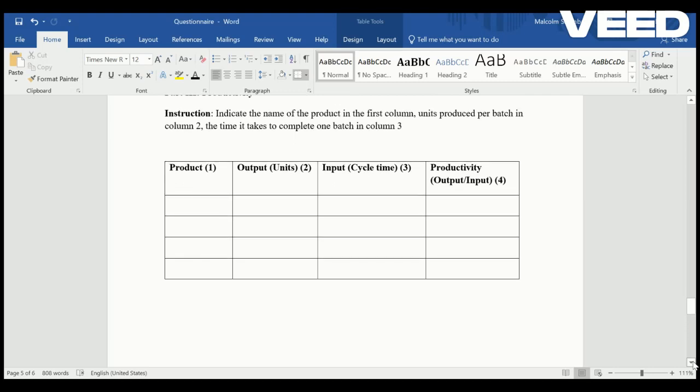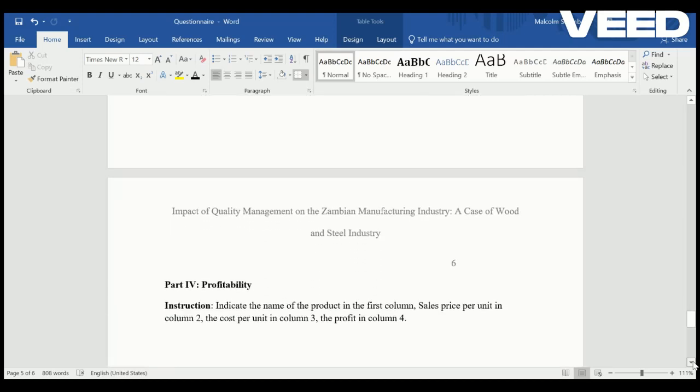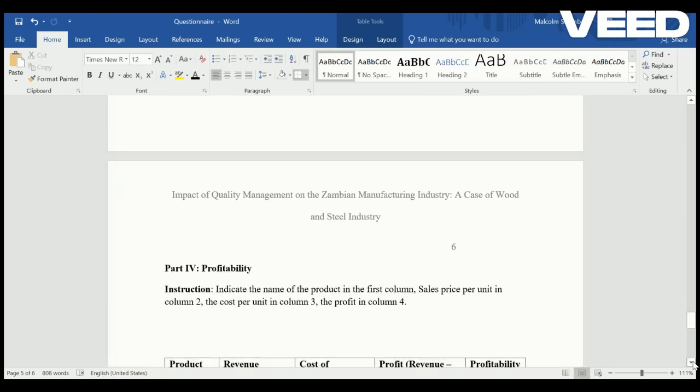So we looked at type of products, output, input, productivity. So part 3 answered the question on the first dependent variable, which is productivity.